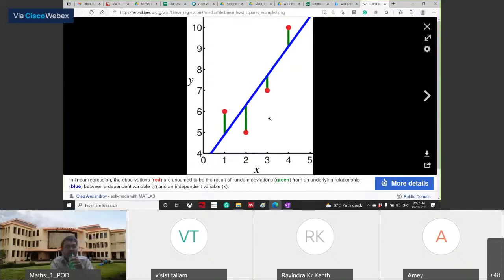See this equation. This blue line is a fitting line, but none of the red points actually satisfy the blue line. The blue line does not go through any of the data points, but it is still the best fit line. There's no issue.